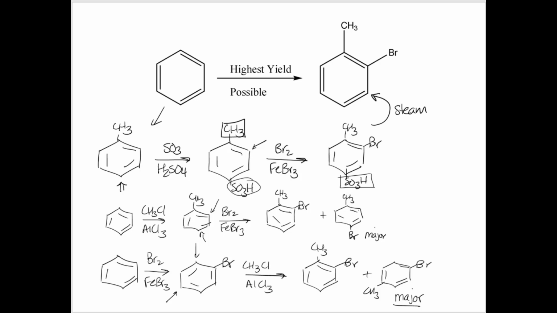The first thing we have to do is know our reactions, but then we've got to think about, how do I put the groups on the ring, and then how do I sequence the reactions to get them in the right positions. And so that's what we'll talk about after the next lecture video.